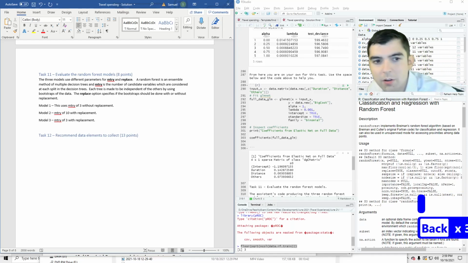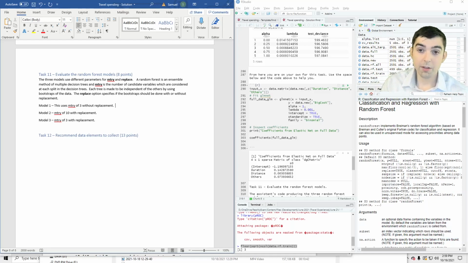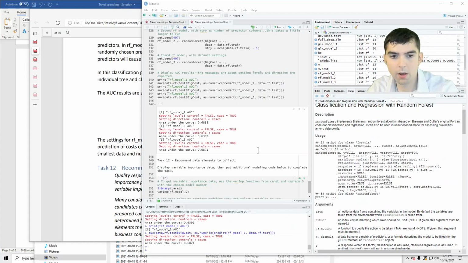So an interesting idea is, to get even more points on this question, provide some details as to what you think the impact of the parameters will be. For instance, and lastly, we want to summarize the AUC values.